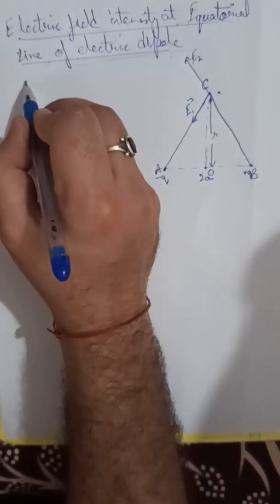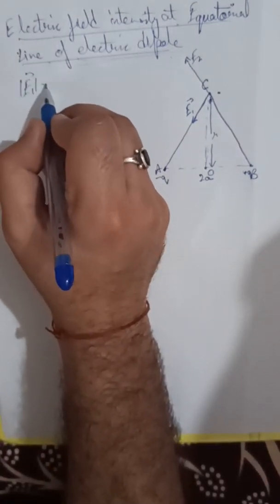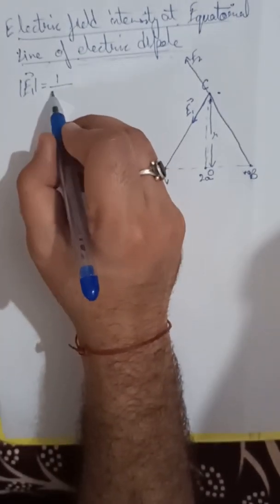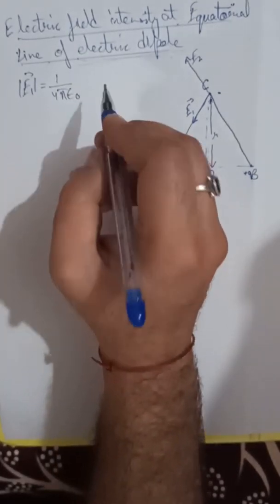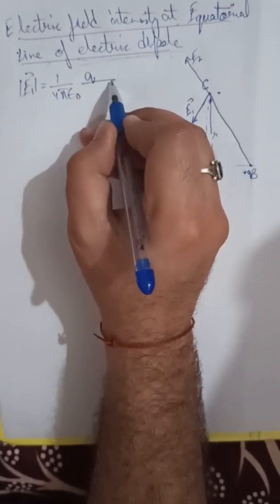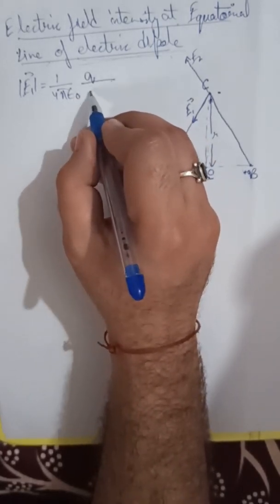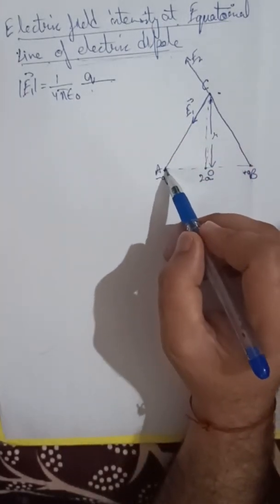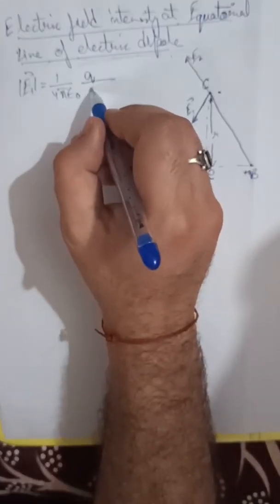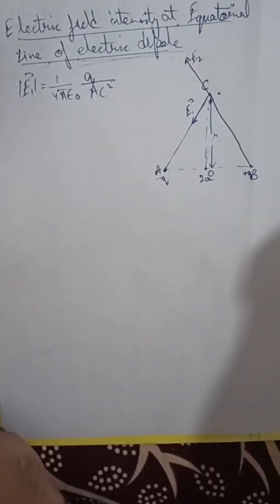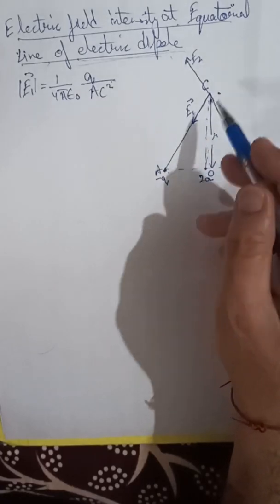So we will write E1 is equal to 1 by 4 pi epsilon naught q by AC square. But we don't have the distance AC.